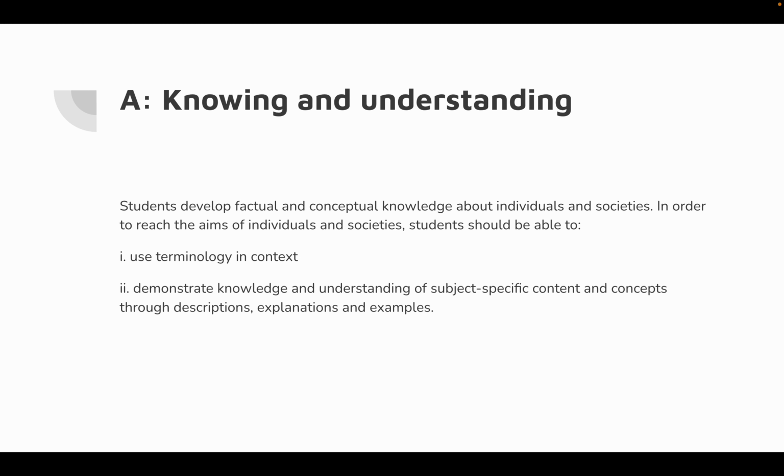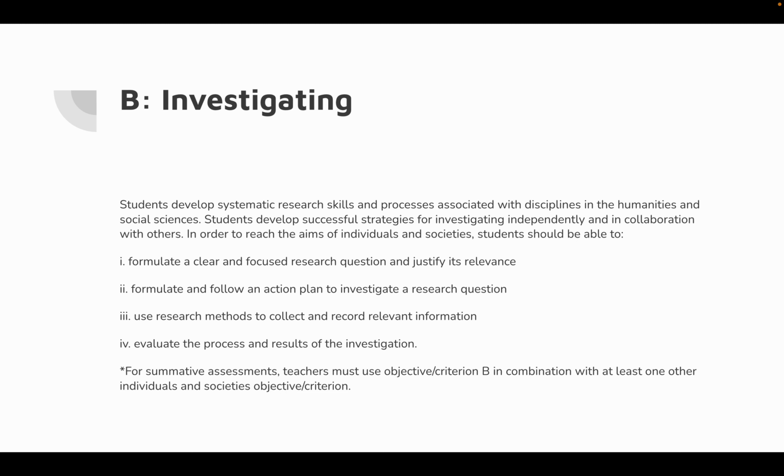For example, for INS, criterion A is knowing and understanding, and there are two strands, which are number one, to use terminology in context, and number two, demonstrate knowledge and understanding of subject-specific content and concepts through descriptions, explanations, and examples. So if I were to create an assessment for this criterion, I might just use the first strand and save the second one for later in the semester.